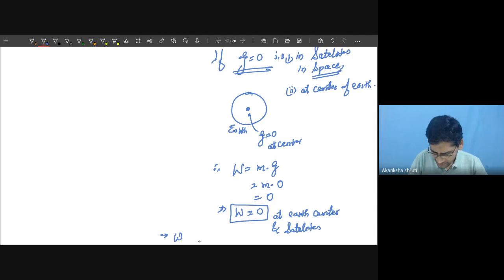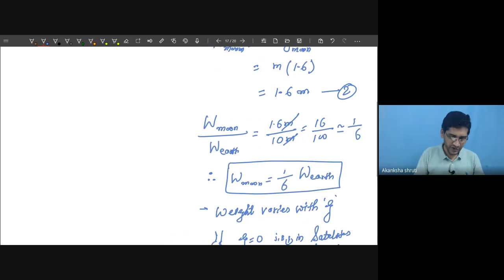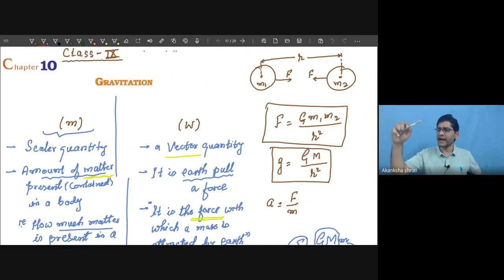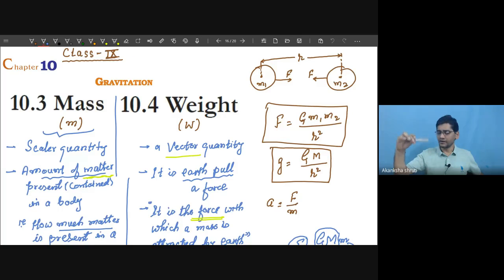Weight can be 0, but mass can never be 0. That we have to keep in mind. Because mass is what? Mass is simply the amount of matter. Whether I am taking this pen on Earth's surface or on the moon, it always remains a pen and it will occupy this much space.